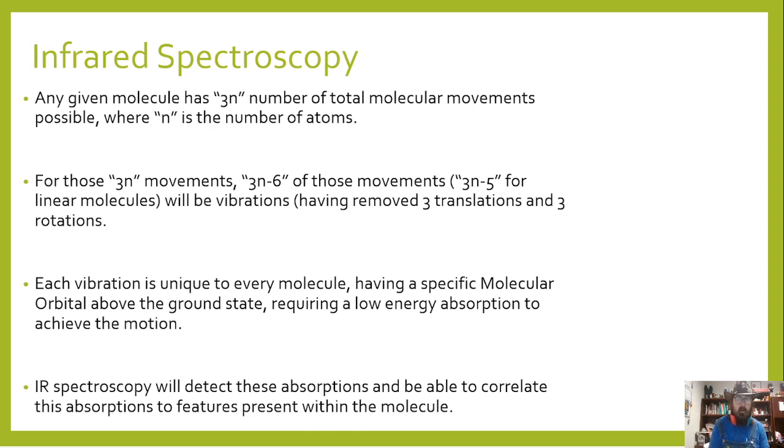And for linear molecules, one of their rotations doesn't accomplish anything, because if you're looking at it from the top and it's all straight up and down, rotating, spinning like a ballerina doesn't actually really change the molecule. So it's 3n minus 5. The rest of those movements are all vibrations.